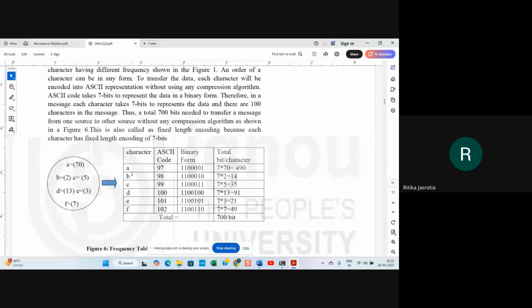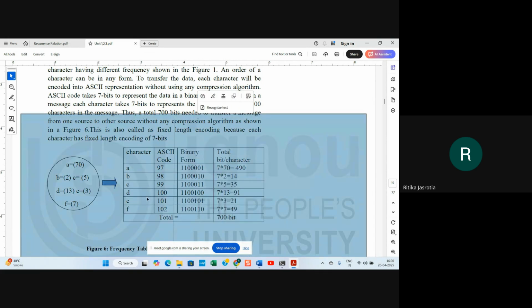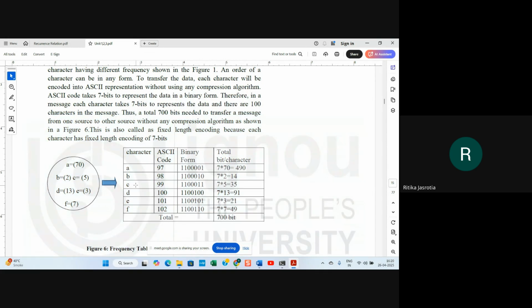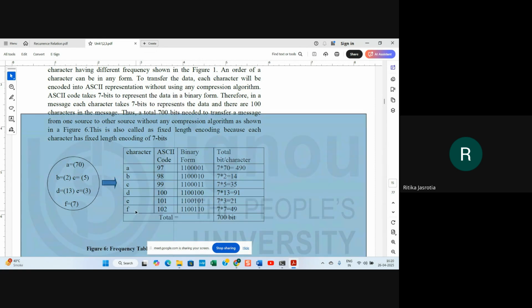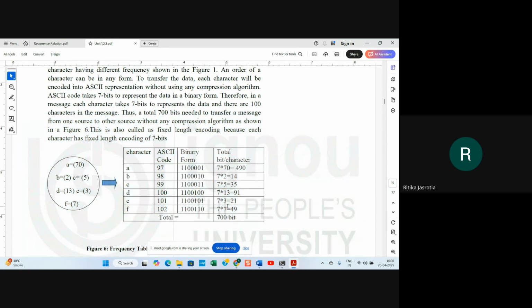So what they are saying is you have a message. Suppose these are the characters you are sending: A, B, C, D, E, F, and the ASCII codes for these characters are these, with the 7-bit binary code for each: A is this, B is this, C is this, whatever. These are the binary codes, and these are 7-bit codes. Now 1, 2, 3, 4, 5, 6, right?